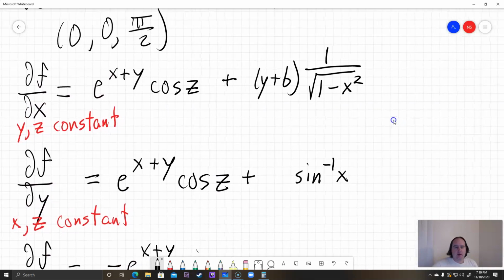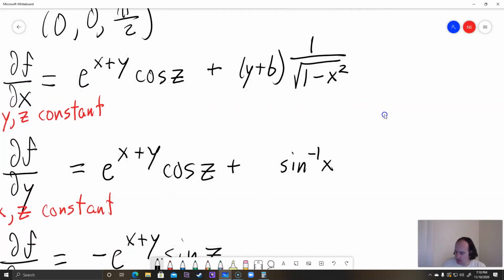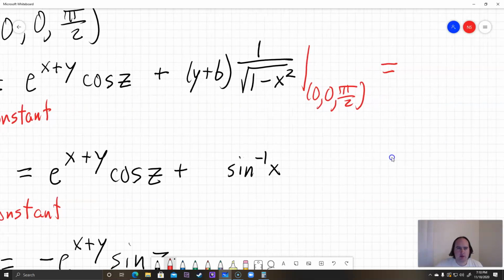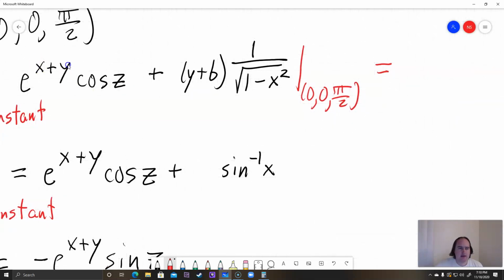Okay, so let's start with partial f partial x. So if I evaluate partial f partial x at 0, 0, pi over 2, let me go ahead and do that over here. That's going to equal, we're just going to plug in x is 0, y is 0, and z is pi over 2.